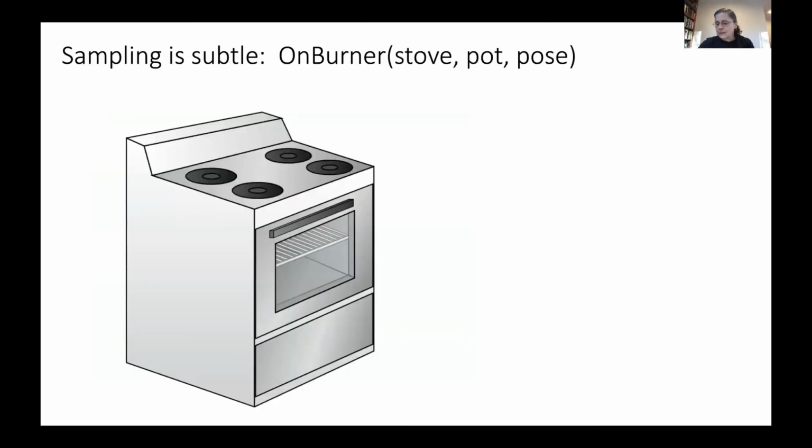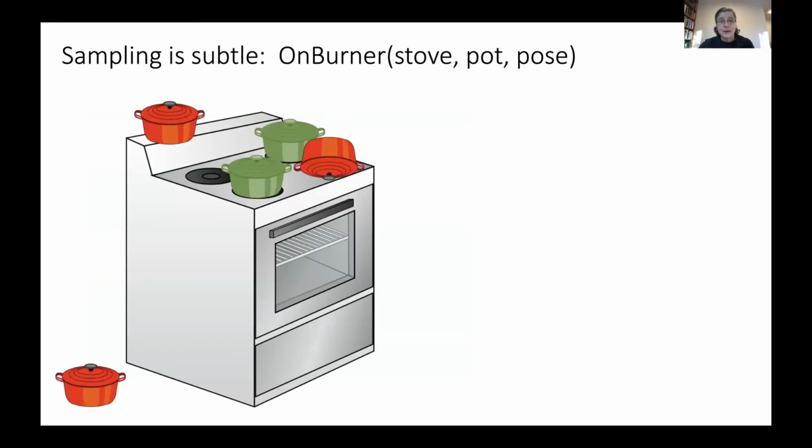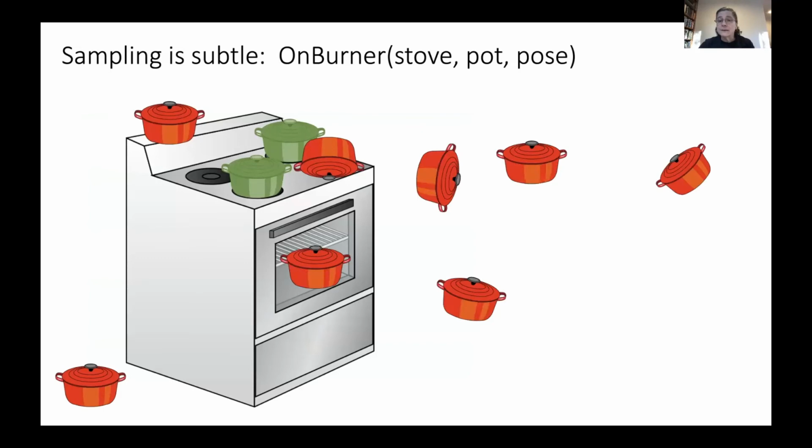And sampling is tricky, right? In plain old robot motion planning, generating samples that you could consider the robot reaching is usually not too hard. But once we start to think about these multimodal spaces with these low dimensional manifolds, then finding, for instance, a sample of a pose where the object is sitting on the stove is not easy. And if we generate samples at random, most of them won't be good.